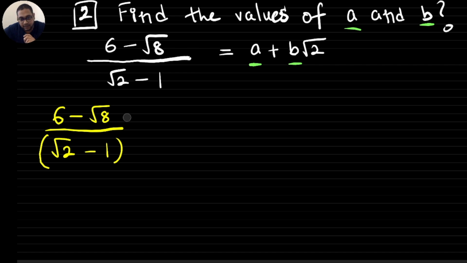For step number 1, we use a theorem called rationalizing the denominator. What happens here is you have to multiply both your denominator as well as the numerator by another fraction. The terms for this fraction would be a repetition of this denominator. In this case, it will be root 2 and 1.